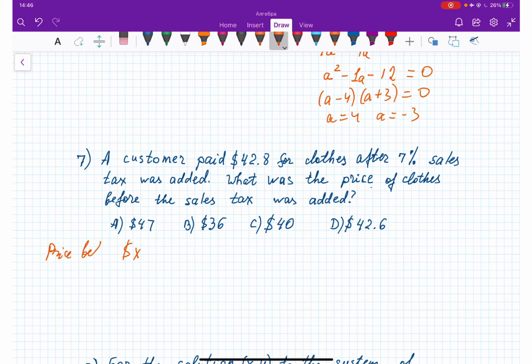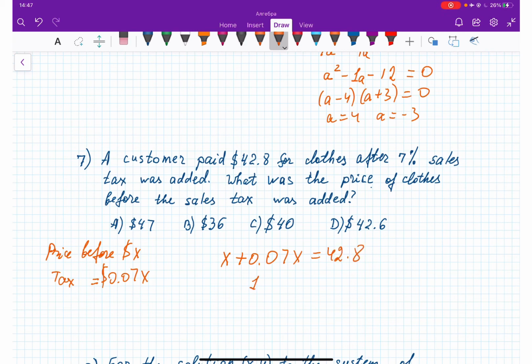Price before tax is x dollars. So how much money is tax? Tax is going to be 0.07x dollars, right? So the price of the clothes x plus tax 0.07x is equal to 42.8.